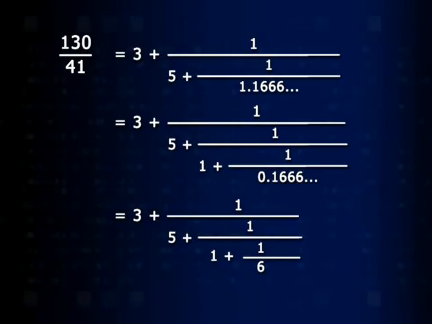And look, just as if it were magic, we just discovered the continued fraction expansion we found earlier. However, this time, we never used the Euclidean algorithm, only the decimal expansion for 130 divided by 41.